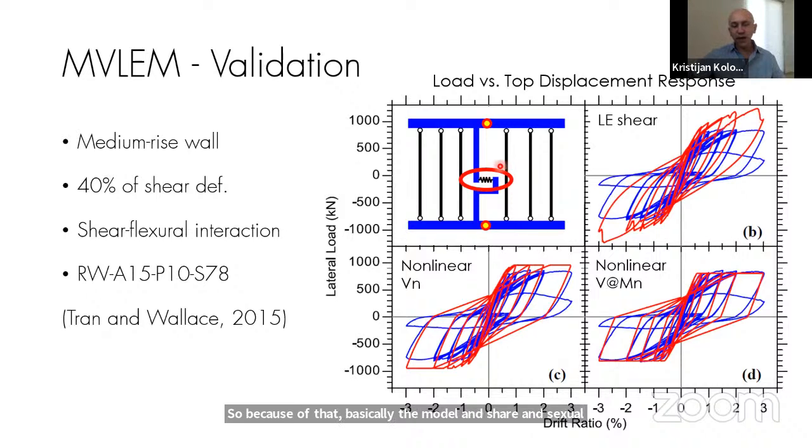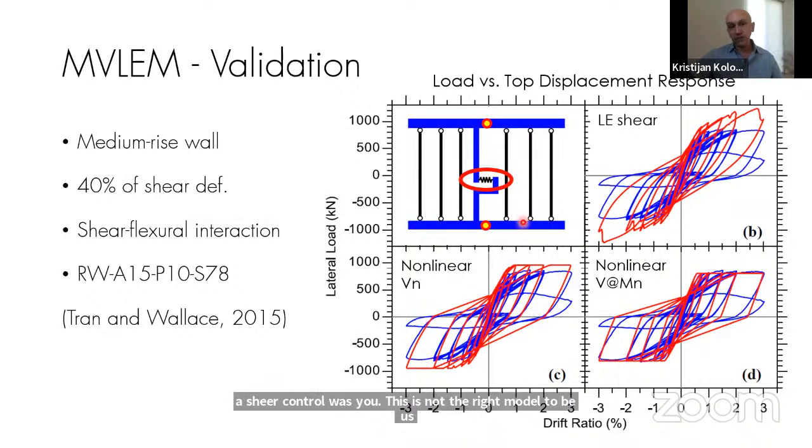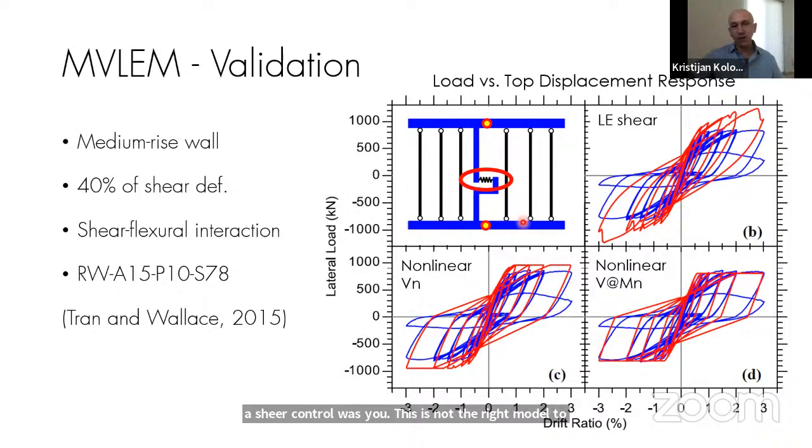So you have to be aware that this model is suitable for flexure controlled walls. If you have a wall that has some kind of shear flexure interaction, or it's a shear controlled wall, this is not the right model to be used. But for flexure controlled, it's working really well, as we saw in the previous couple of slides of validation.